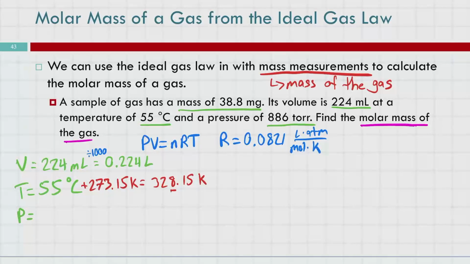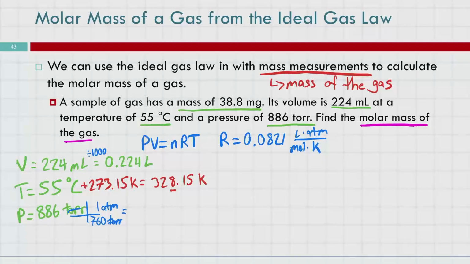Our pressure is 886 torr. Torr are the same as millimeters mercury. See, I told you I would do it. And there are 760 of those in 1 atmosphere. So divided by 760 torr, 1 atmosphere on the top.